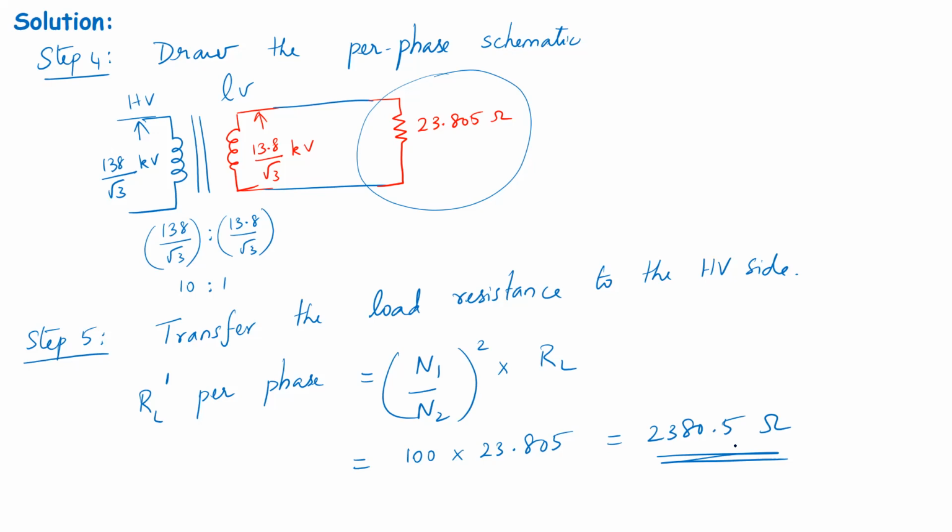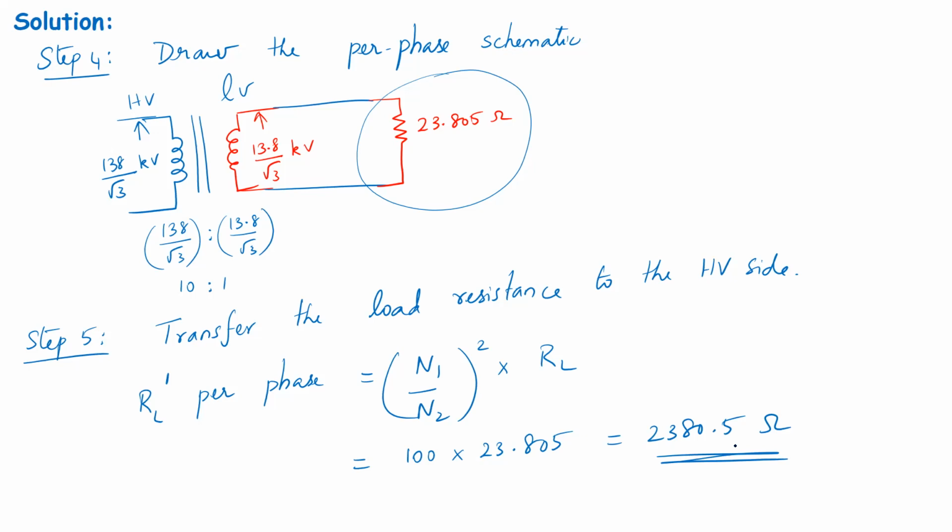2380.5 ohms. Okay. Now there is one intuitive way to say whether this makes sense or not. Always the resistance on the low voltage side should be smaller in magnitude than the resistance on the high voltage side. The reason being, on the low voltage side, the amplitude of current is higher than the amplitude of current on the high voltage side. And therefore, in order for the transformer to maintain power balance, I square R loss on both sides should be equal, okay, for an ideal transformer.